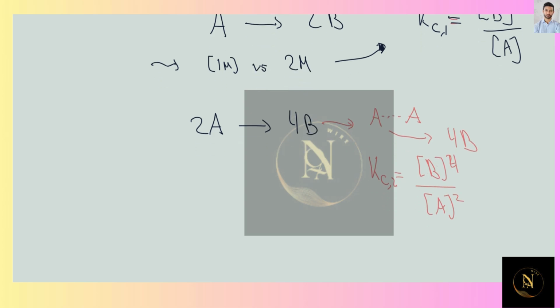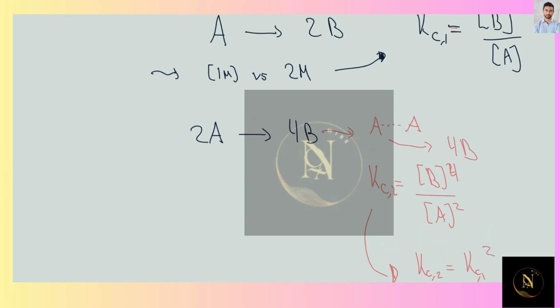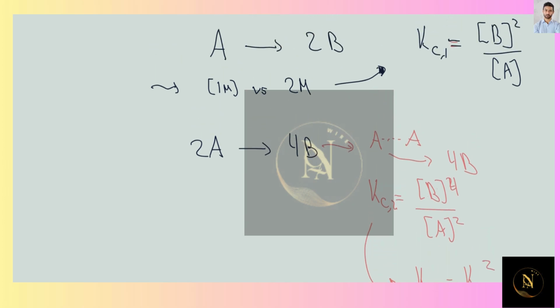Remember that this is just the definition for the equilibrium constant whenever we reach equilibrium. Now, what happens here is that Kc2 is going to be equal to Kc1 squared, right? So the equilibrium constant for this second reaction cannot be the same as the one for the first one.